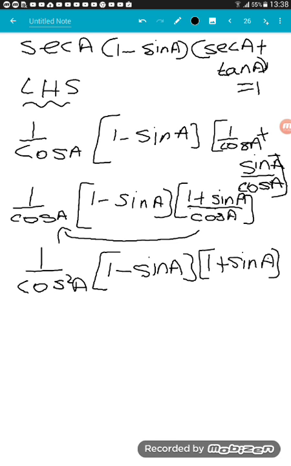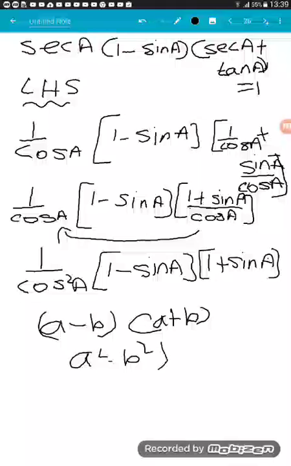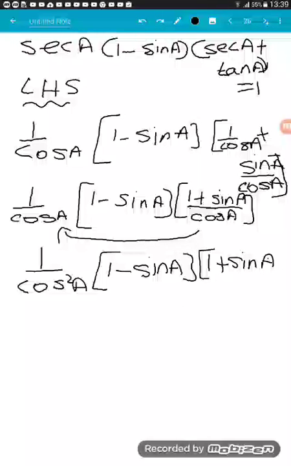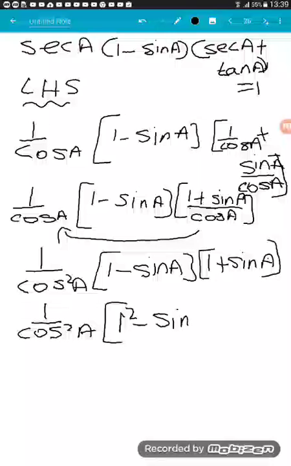As you know the identity, if you are watching my videos from the starting of the trigonometry chapters, you will be able to answer this, that we have to use identity for this type of questions, because a minus b into a plus b is nothing but a square minus b square, as I had already said this identity to you. So now we will see how to solve this based on this in this question. So 1 by cos square a, and 1 minus sin a into 1 plus sin a is nothing but 1 square minus sin square a.